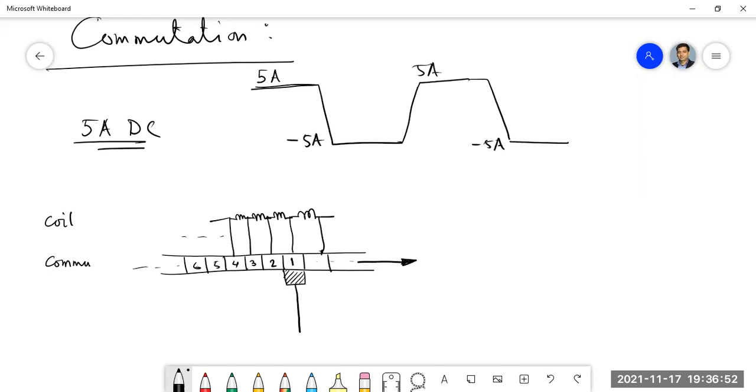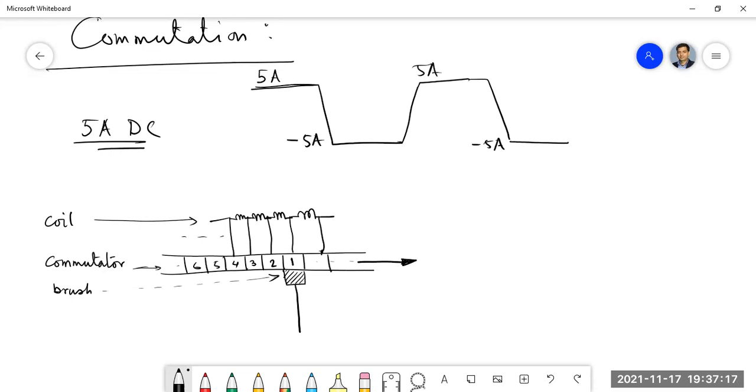The commutator, sir. The commutator is actually rotating, isn't it? So that means commutator is rotating in this direction. So this is the direction of rotation.